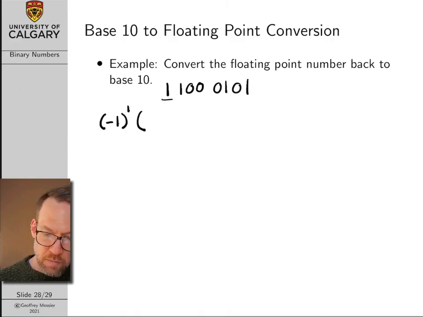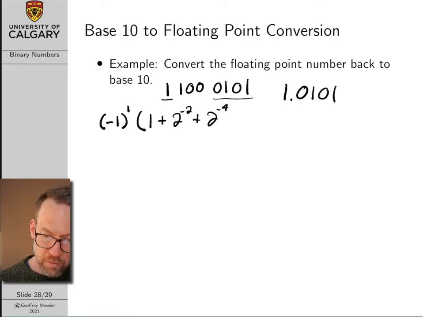Now our mantissa, remember, is a fixed point number that is equal to 1 dot 0, in this case 0, 1, 0, 1. And so that's equal to 1 plus 2 to the minus 2 plus 2 to the minus 4.